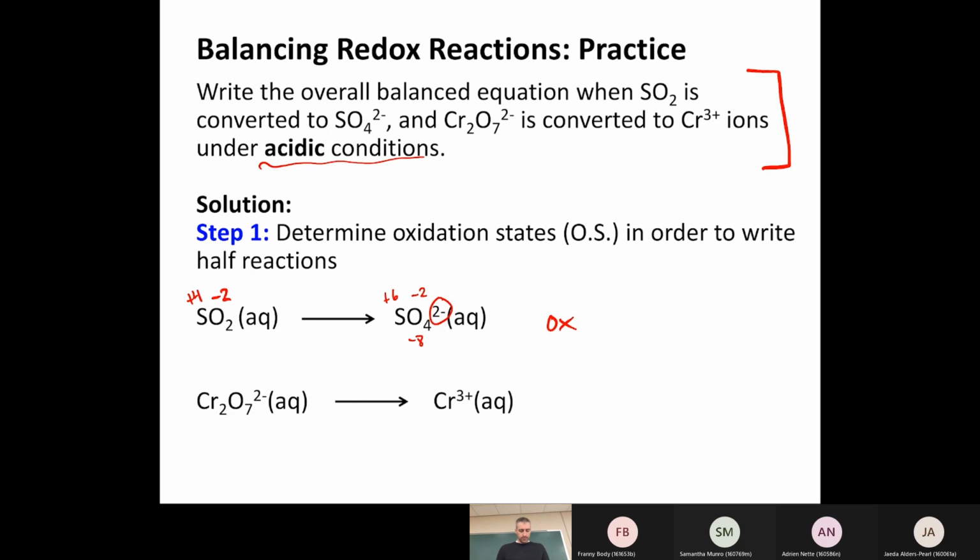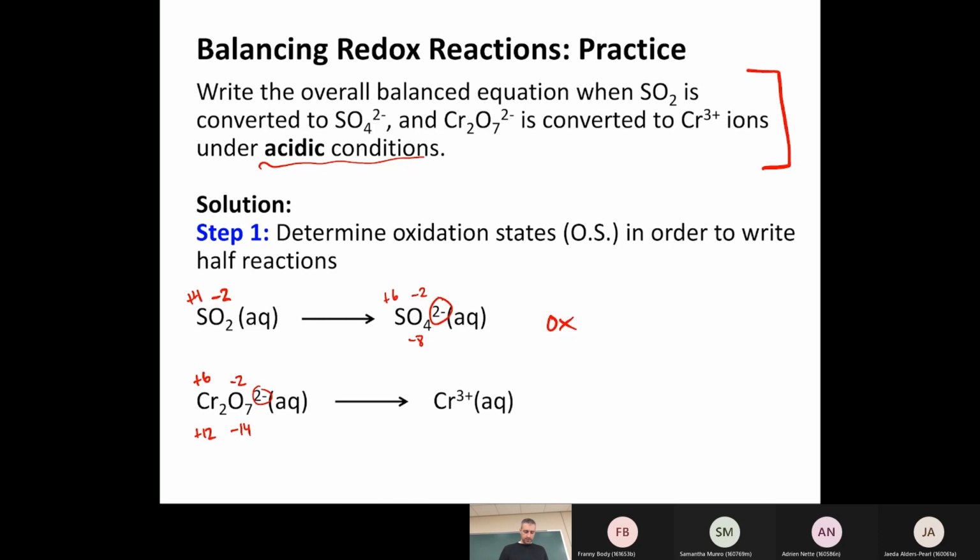Next, we have the chromium side. We could say that the oxygen here is -2, and since there's 7 of them, that's -14. The Cr2 has to be a total of +12 because the +12 and -14 has to add up to the charge, which is 2-. There's 2 chromiums, so that means each chromium is going to be +6.